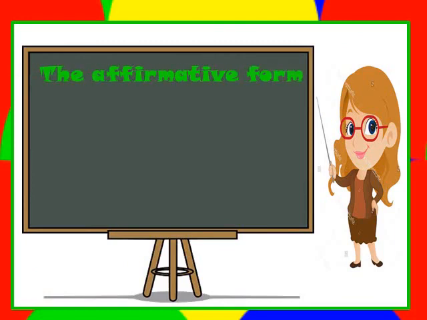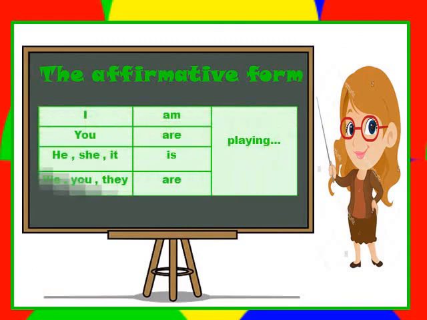The affirmative form of the present continuous. We have here a table in which we have the affirmative form. So we have the pronoun and the verb to be and the verb plus ing. We have here as an example the verb play. So I am playing.